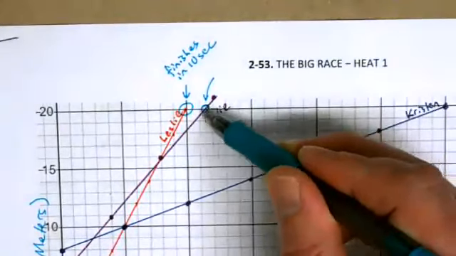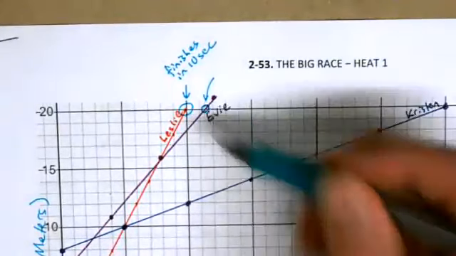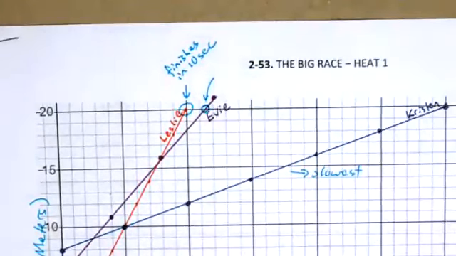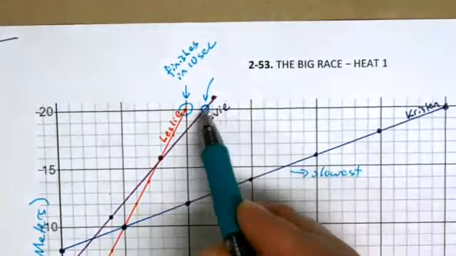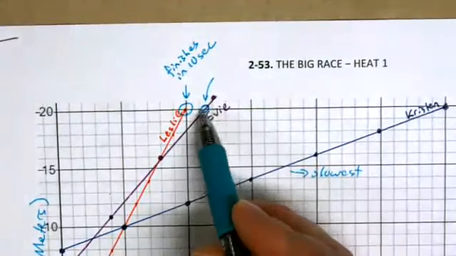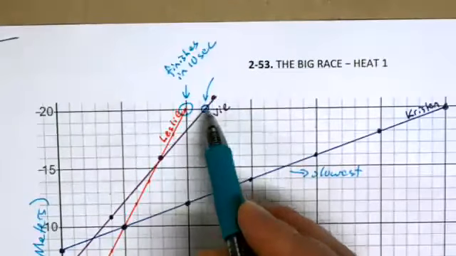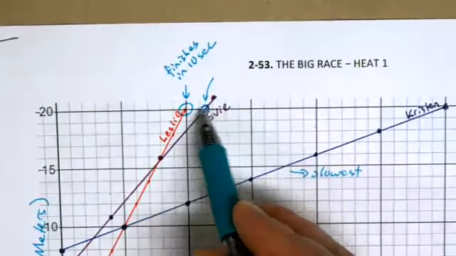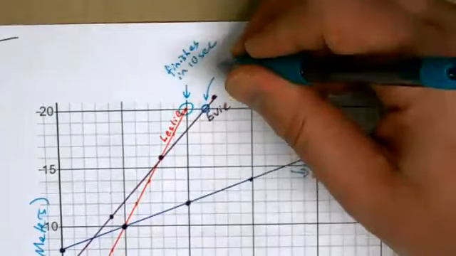We got to look at where she hit that 20-meter mark because that's our finish line. 11 and a little bit. What do you want to call it? 11.5, 11.6, 11.4? Somewhere between 11 and 12, agreed? She hits 21 meters up here at 12, but 20 meters is somewhere between 11 and 12. I'm going to say finishes 11.5.